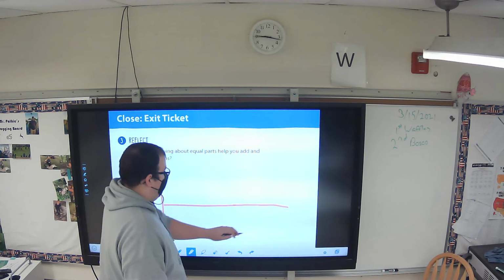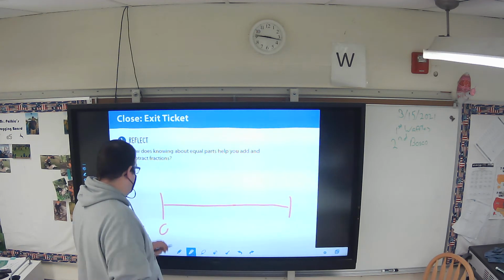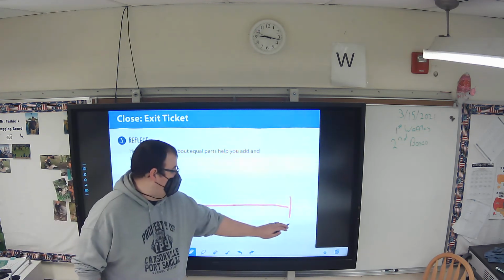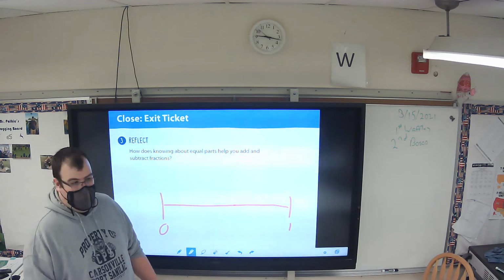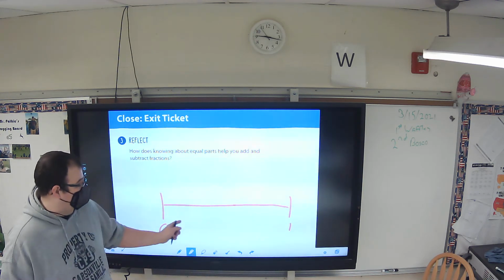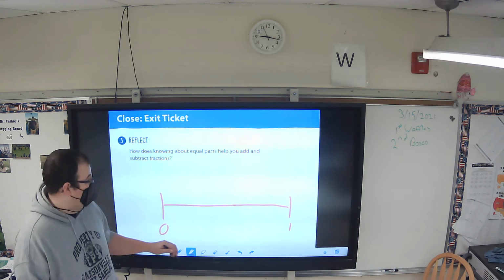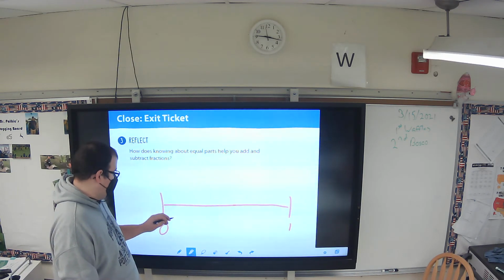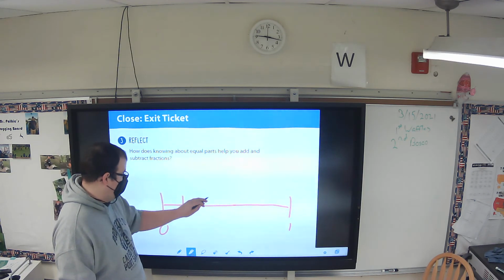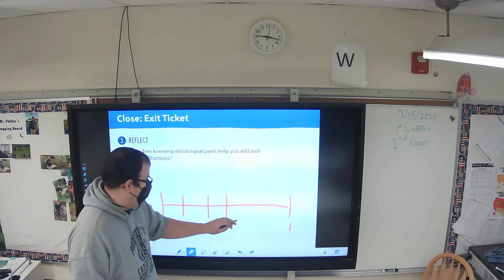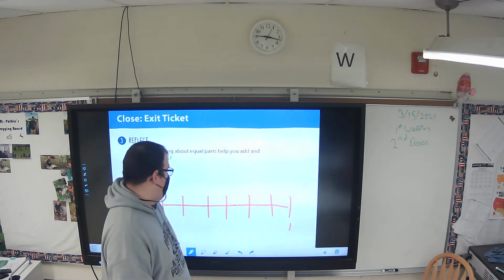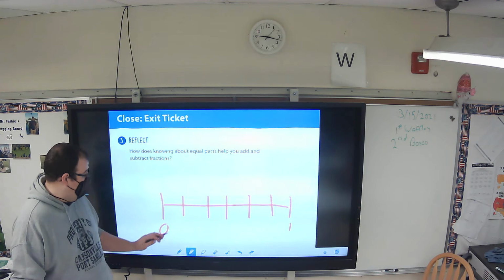I start off here. I have 0. Say I have 1 here. This is 1 whole, right? I'm going to divide it into 6 pieces. 1, 2, 3, 4, 5, 6. I got 6 pieces, right? What is this first one?